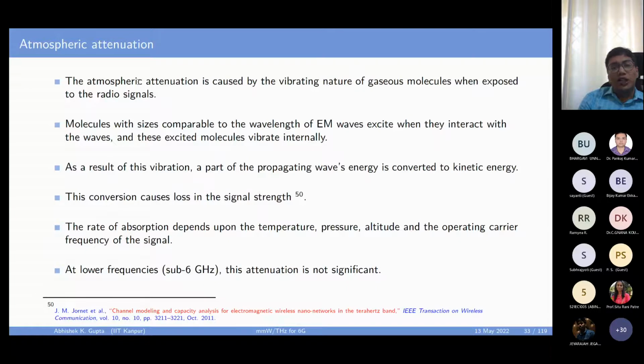When they interact, which will generally happen when the wavelength and the gas molecule size are similar, there is a transfer of energy from the signal to these molecules, and this results in attenuation of the signal strength. Okay, and this rate of absorption depends on temperature, pressure, altitude, and the gas density, right? And this is not much in sub-6 gigahertz because of again the same thing: the wavelength is much larger than the molecule size.